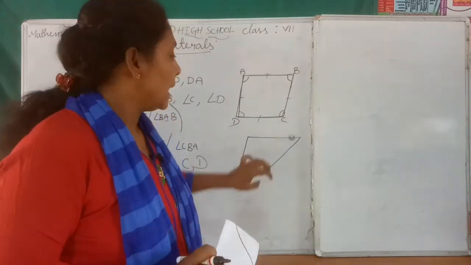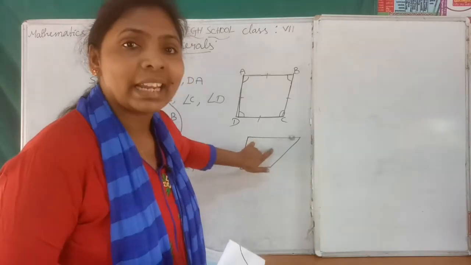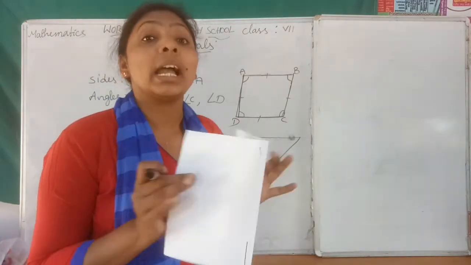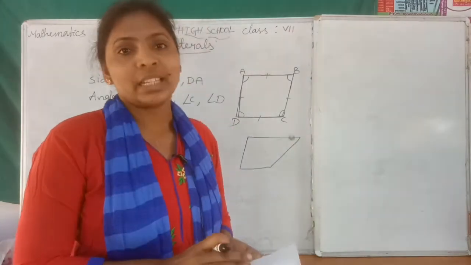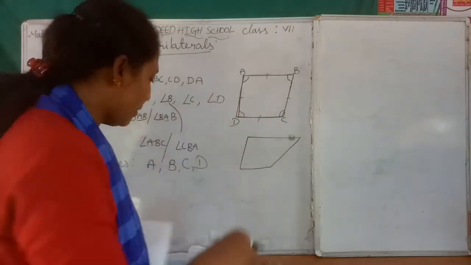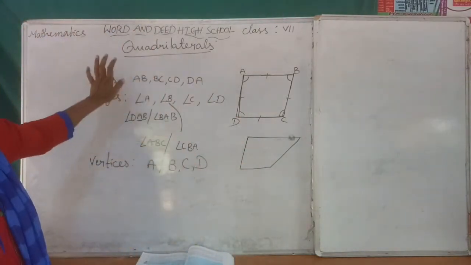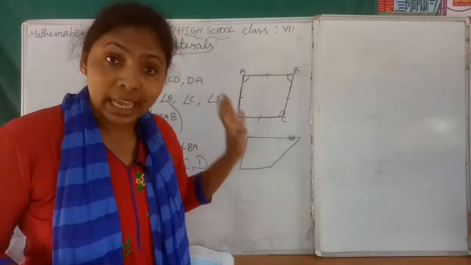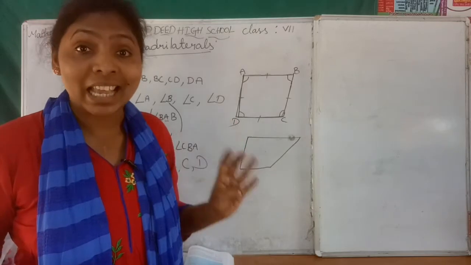The point is, it is a quadrilateral, but it is not a rectangle. Rectangle is one of the types of quadrilateral. Yes, children. So we have many types of quadrilaterals, children. We will discuss that also. Okay. So how can you identify a quadrilateral, children? It has 4 sides, 4 angles, and 4 vertices.